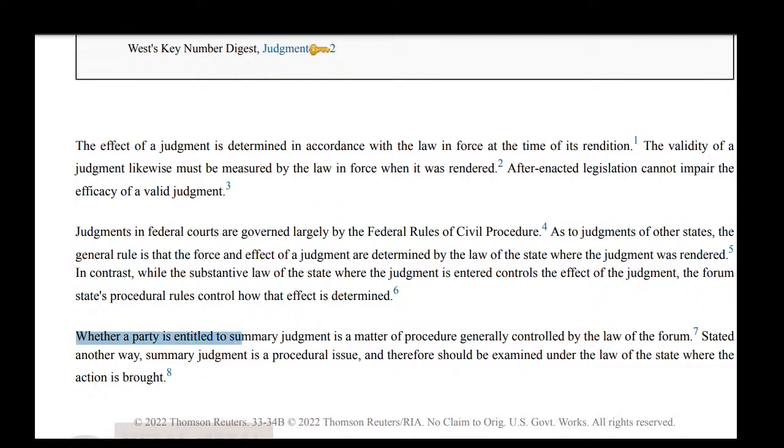Whether a party is entitled to summary judgment is a matter of procedure generally controlled by the law of the forum. Stated another way, summary judgment is a procedural issue and therefore should be examined under the law of the state where the action is brought.